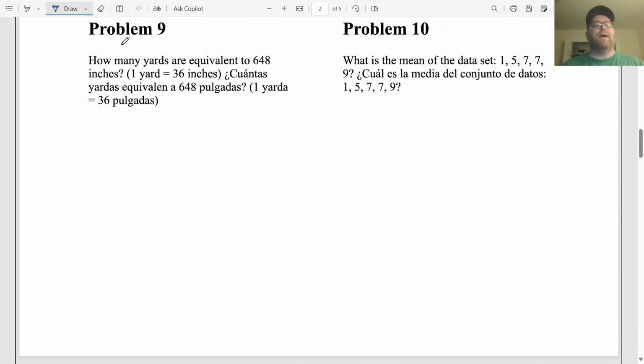Problem 9. How many yards are equivalent to 648 inches? Now, 1 yard equals 36 inches. So we're going to take 648 inches and multiply by our conversion factor, which is 1 yard for every 36 inches.